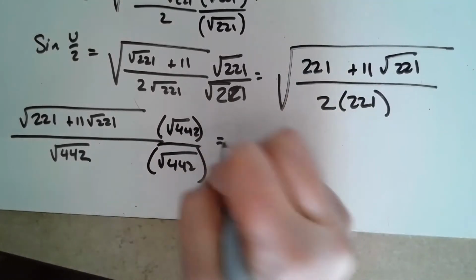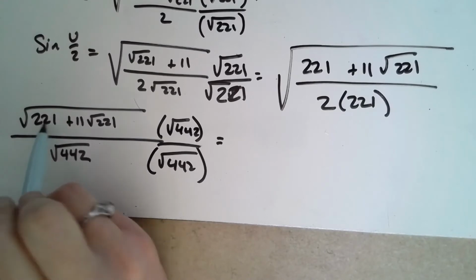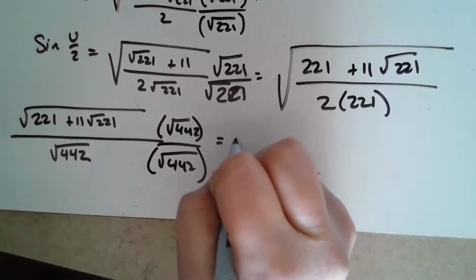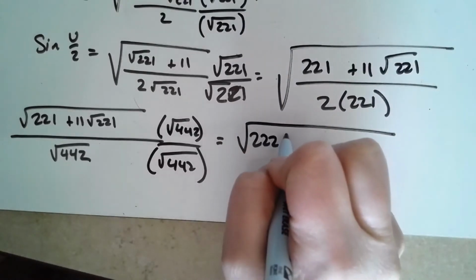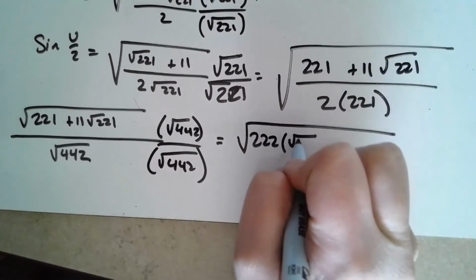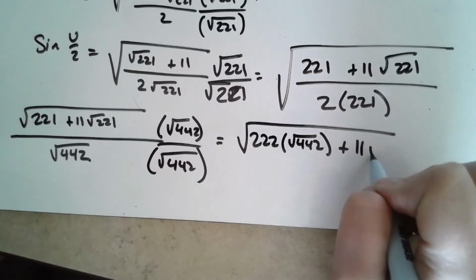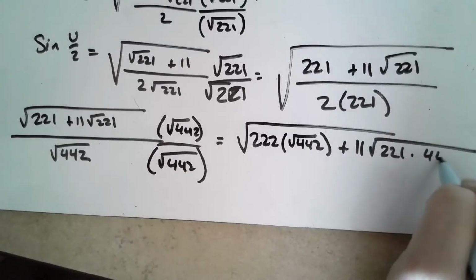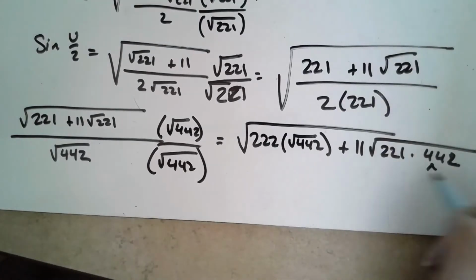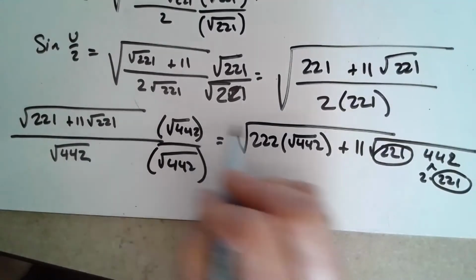Okay, so we have the square root 221 times the square root of 442, plus 11 times the square root of 221 times 442, all over 442. 442 is the same thing as 2 times 221, so technically we have a grouping that comes out. This is still just the top.